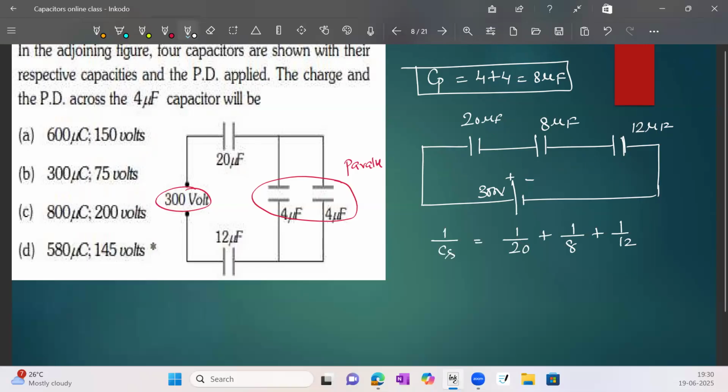And what is the potential difference across the 4 microfarad capacitor, they also ask. If you take this as V1, this as V2 and this as V3, they ask for V3. Why? Because these two are in parallel, so here also V3, here also V3 only. Now we have to find the voltage and the charge also.